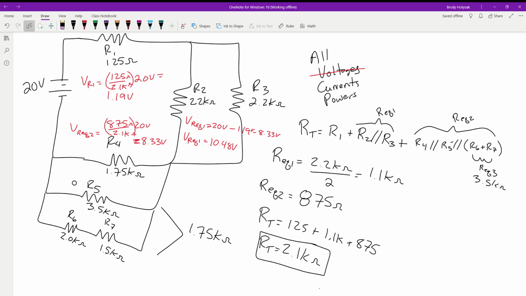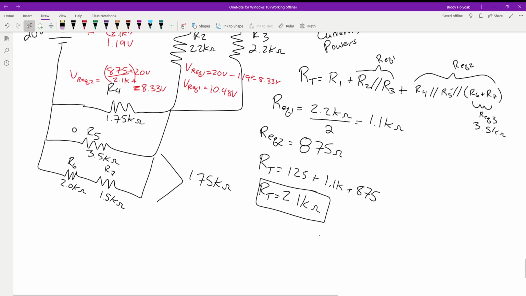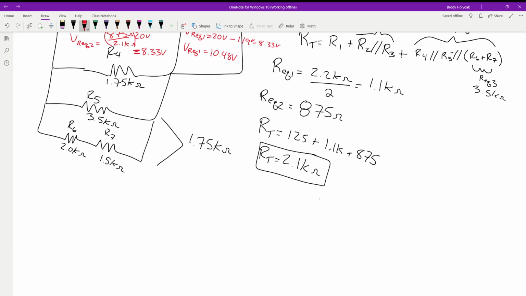But what about R6 and R7? Yes. So VR6. Again, in this case, we're going to look at just this network right here. What's in series with the same components and what voltage are they sharing?